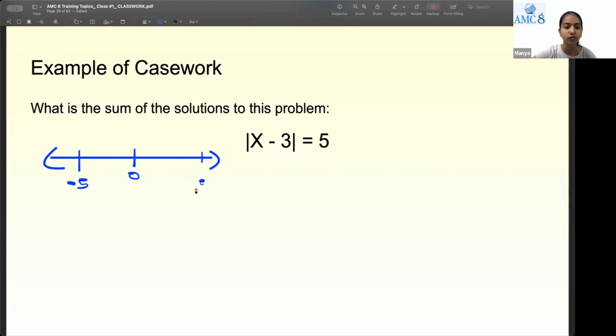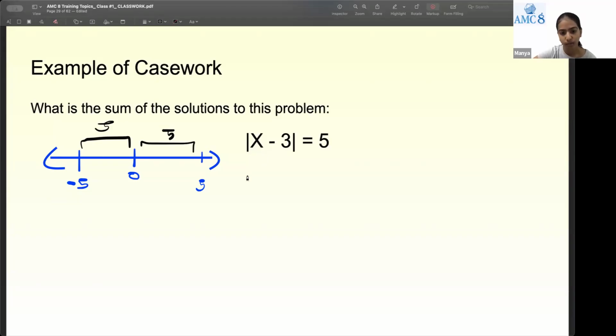So what is the distance from 5 to 0? That would just be 5. From 0 to 5, there's 5 units. From 0 to -5, there's also 5 units. So the absolute value, the distance, can never be negative.